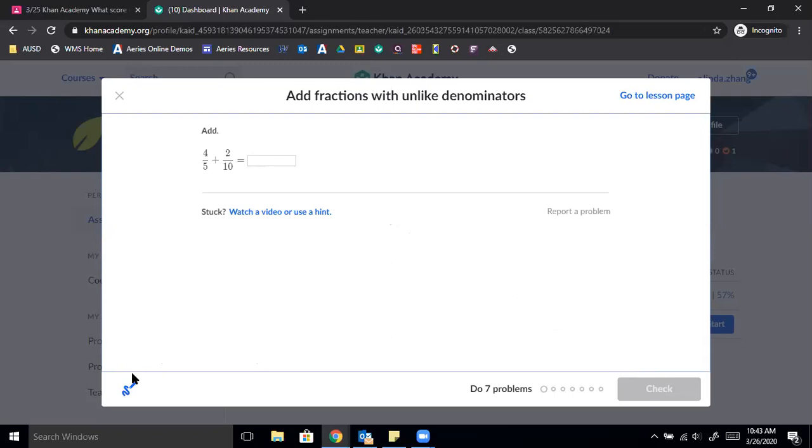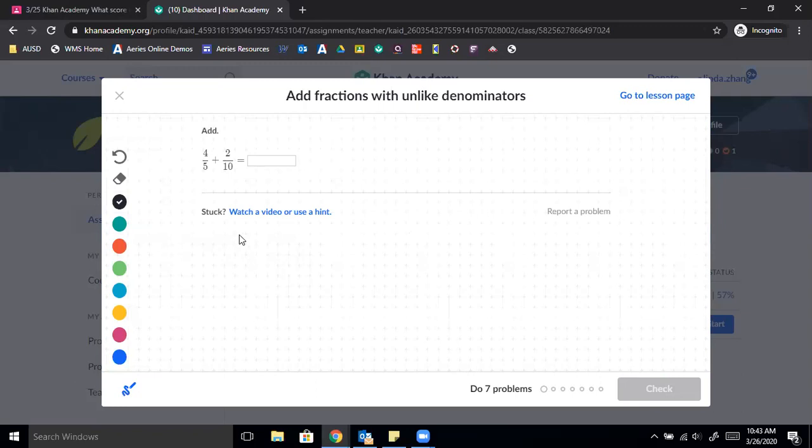Oh man, where is it? It's a marker right here. So now you can write all over it. This is if you're on the laptop. I'm not sure if mobile has the same features, but at least for the laptop, you can write all over it.